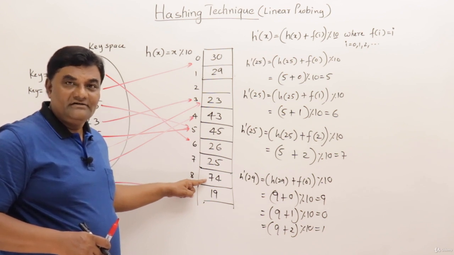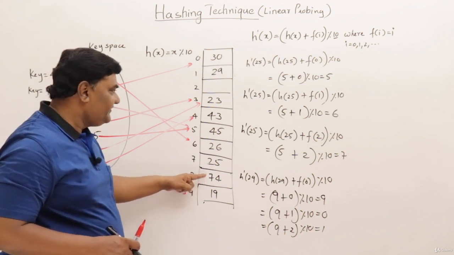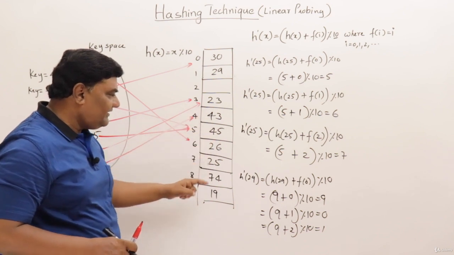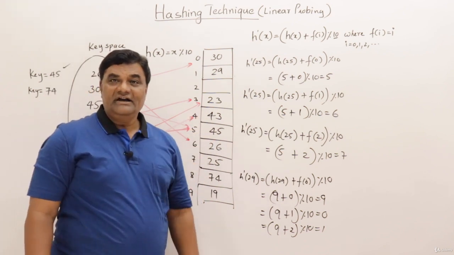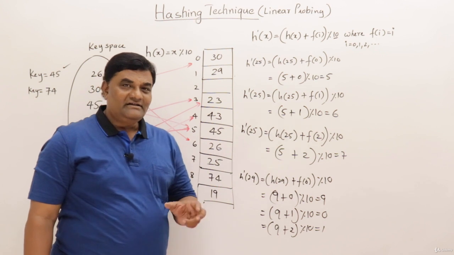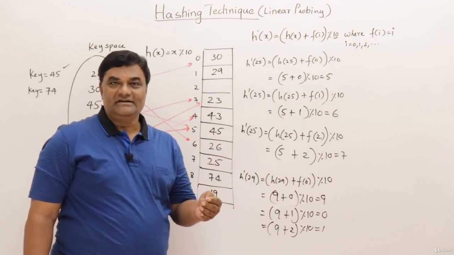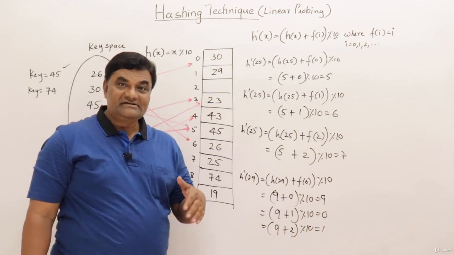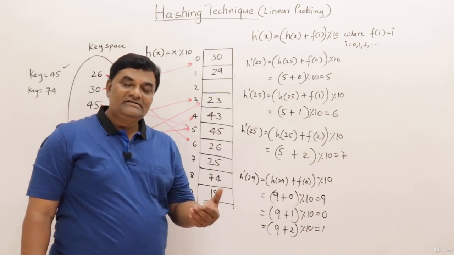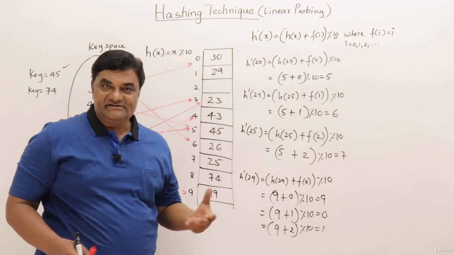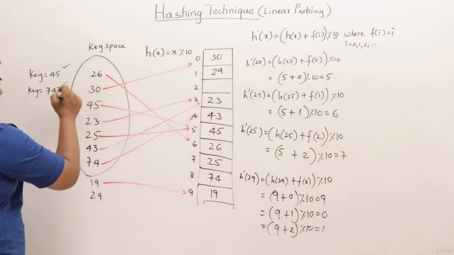We got the key. See how many comparisons we have done: 1, 2, 3, 4, 5. Five comparisons we have done. So this linear probing method is a little time taking. It's not constant, it's more than constant. So search is successful. 74 is found.